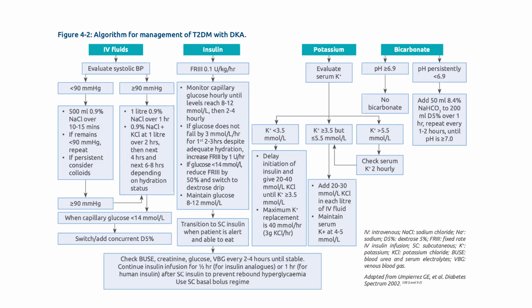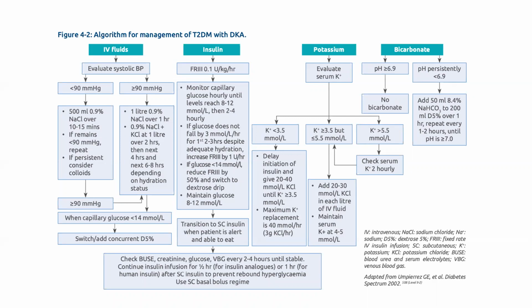So another very important part of management of DKA is the electrolyte imbalance. If we notice the principles of management, after dehydration, we have to correct the electrolyte imbalance first before starting insulin.